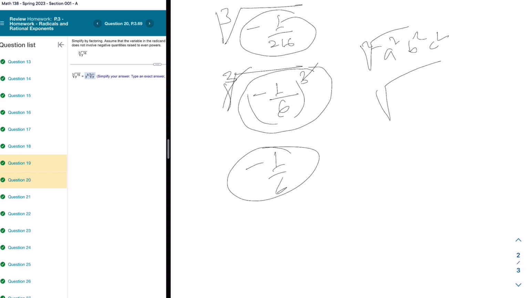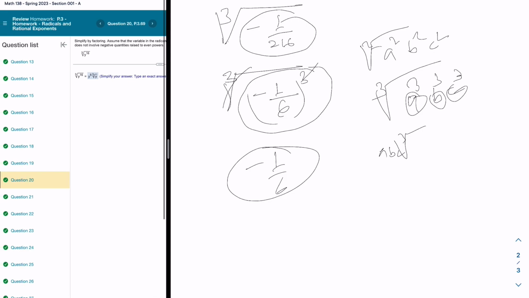And if there is a cube root, we will try to arrange it like this: a cube, b cube, c cube, and again a will go out, b will go out, c will go out. Got it? That's the same thing. I'll only go through one question.